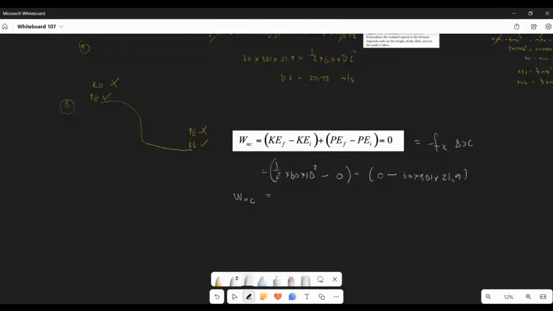I'm content with that answer. You all get it? This must be negative because it's friction. 0.34. Yep. That's correct. Did we all get this?